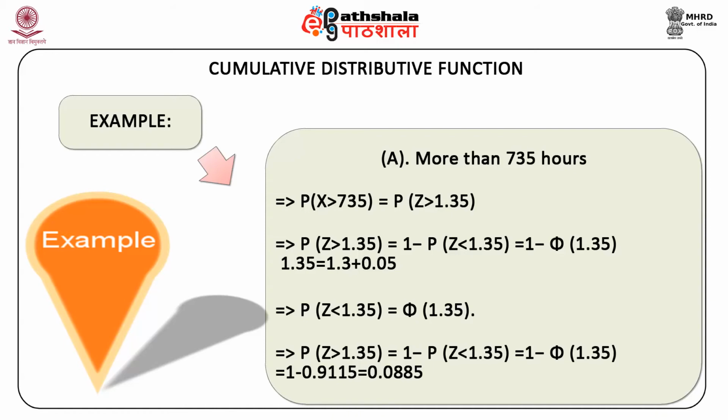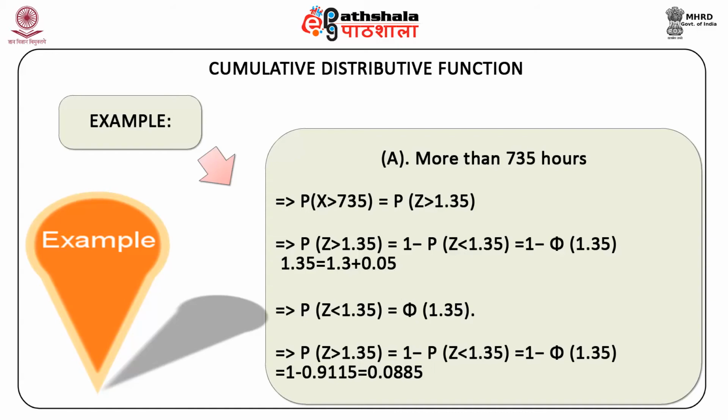Further, we know that 1.35 is equal to 1.3 plus 0.05. We look at the intersection of the row corresponding to z equal to 1.3 and the column that corresponds to 0.05. The corresponding cell gives the probability, which is equal to 0.9115, which gives the probability that z is less than or equal to 1.35, equal to phi 1.35.